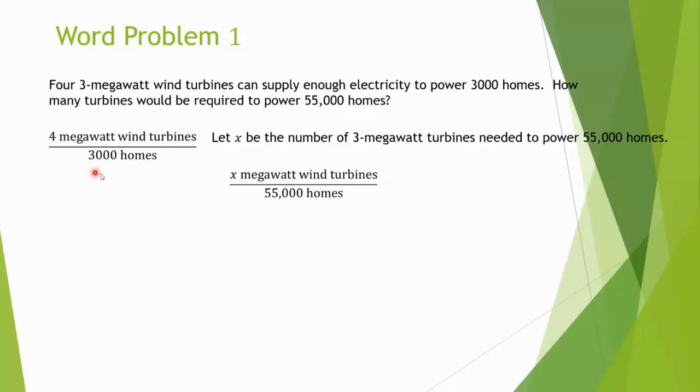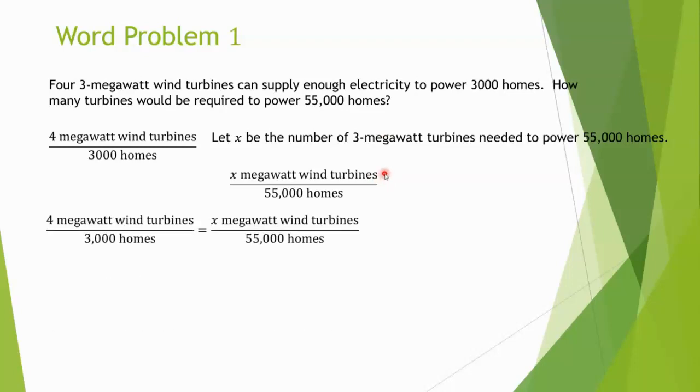We have this, and we have this rate. Well, what's going to happen? They're going to equal each other, mostly because they're both dealing with the wind turbines supplying electricity to these homes. So they're going to be equal to each other.